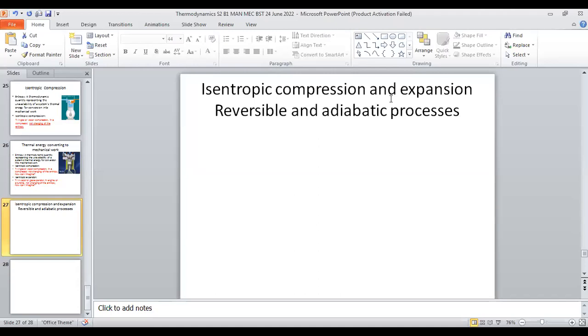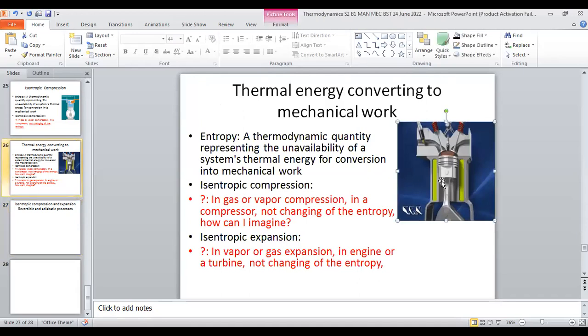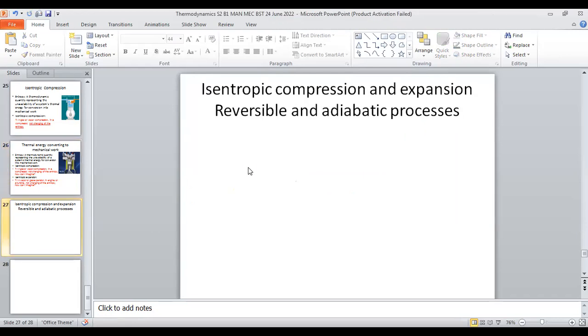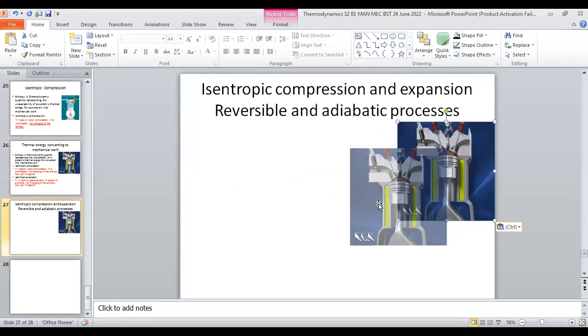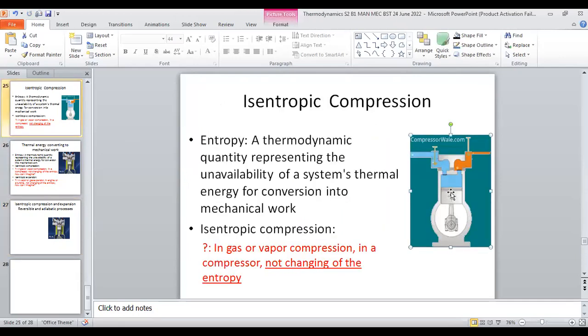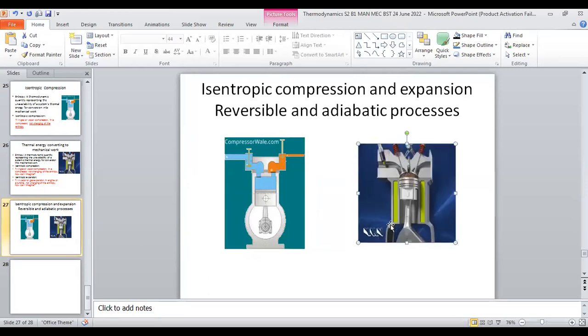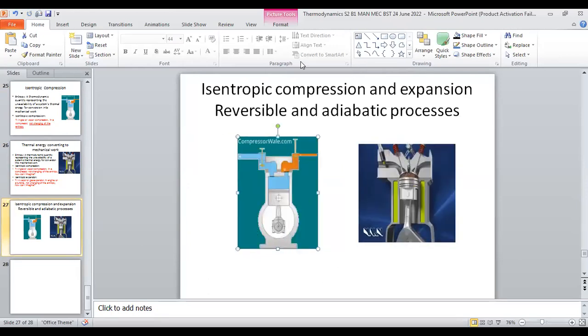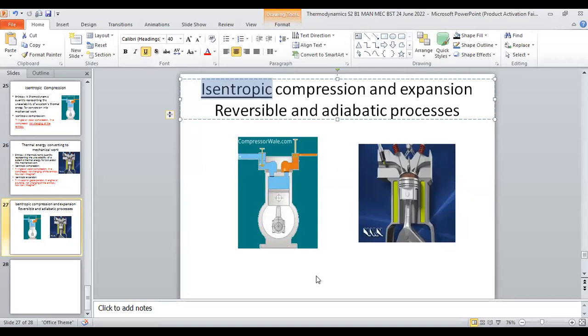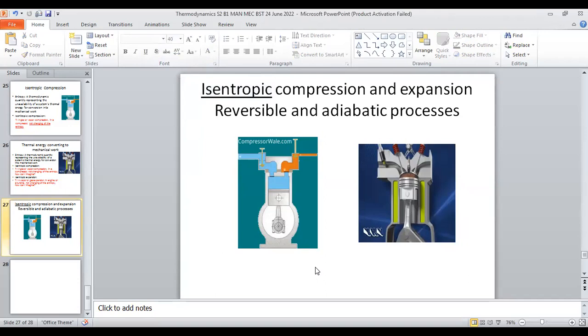So isentropic compression and expansion is a reversible and adiabatic process. So let me take this expansion, I take the picture here, compression. Now you know that isentropic means constant entropy, unchanging entropy.